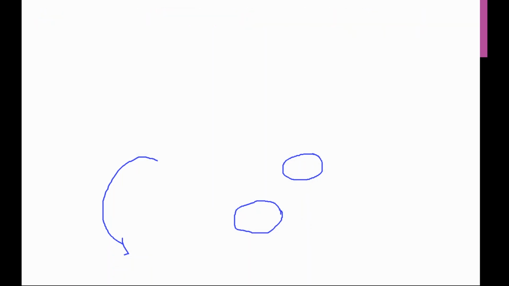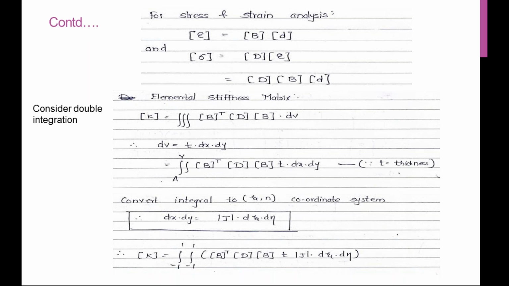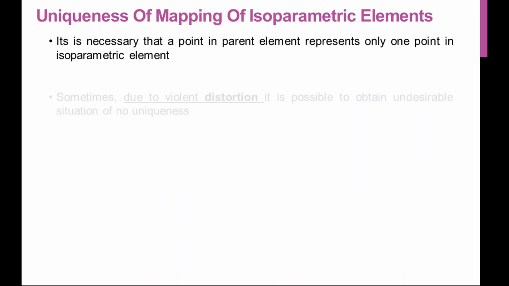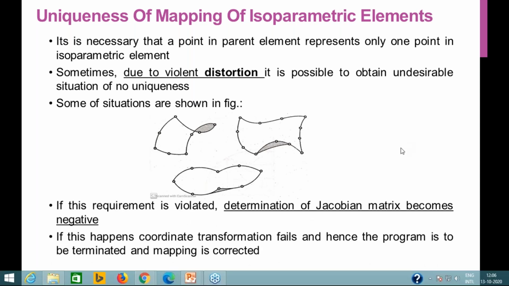So this is all about the isoparametric element and stiffness matrix, and thickness is included because this is a two-dimensional element, and we already covered the uniqueness of mapping of the isoparametric element in the last lecture. Yes, I know, Ajay, you have to learn, because the derivation is not asked in your finite element syllabus. It is required that you just get the concept.